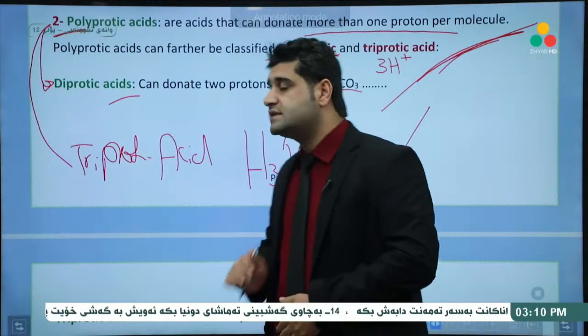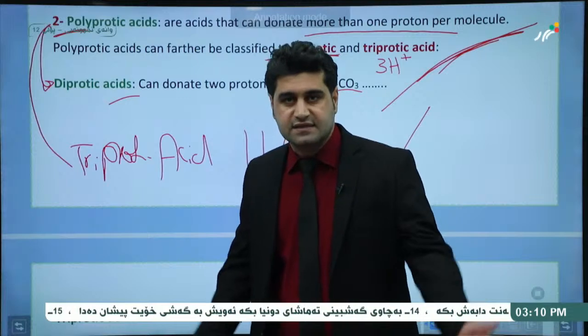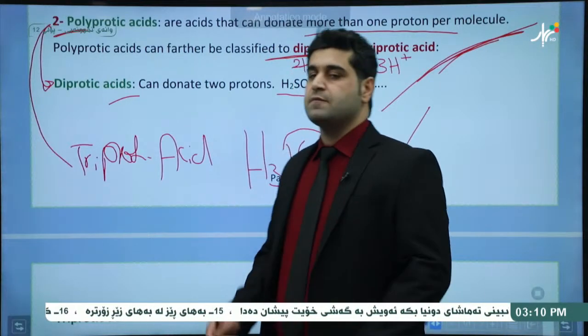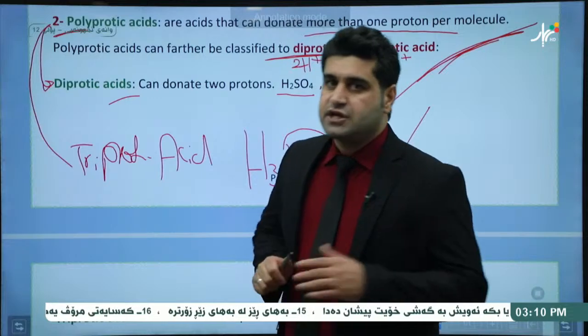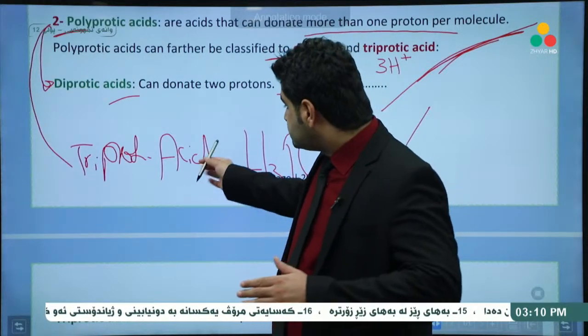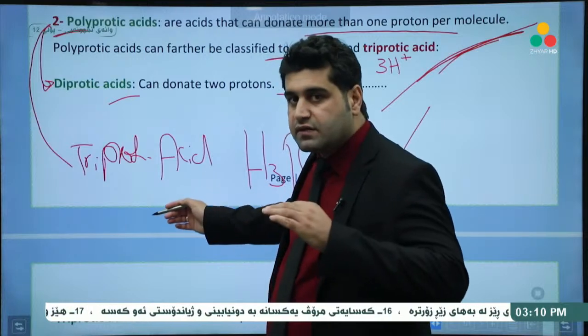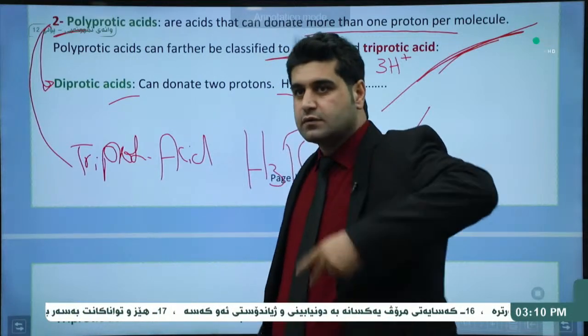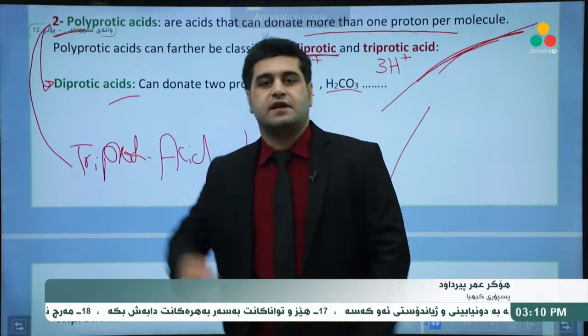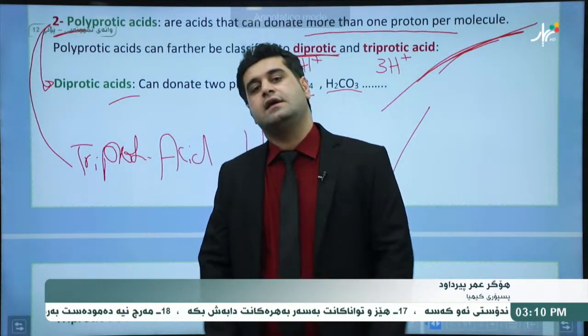Actually, for the diprotic and triprotic acids, we have the stepwise ionization reaction. It means the ionization reaction includes the same number of steps as the number of protons. 2 protons means 2 steps of the ionization reaction. 3 protons means 3 steps.